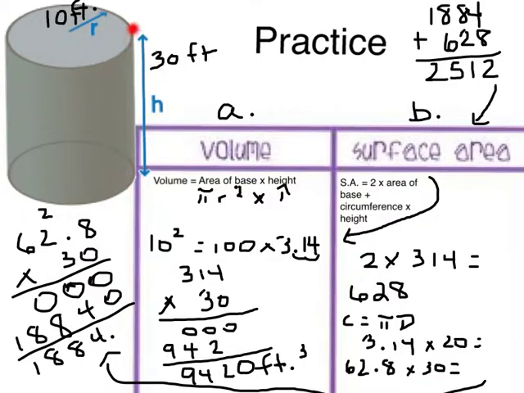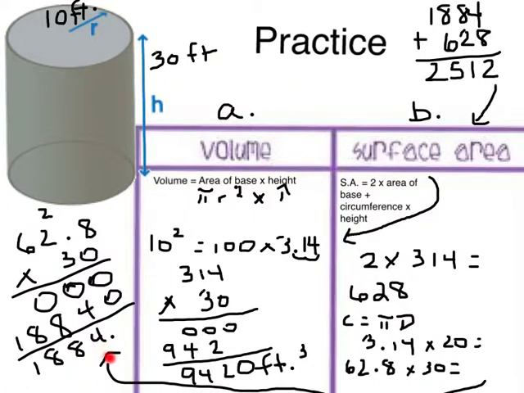Circumference, remember, is the distance around, and it is diameter times pi. So the diameter would be 20, and 20 times pi would be 62.8. And when I say 62.8 times the height of 30, I did that over here, I got 1,884.